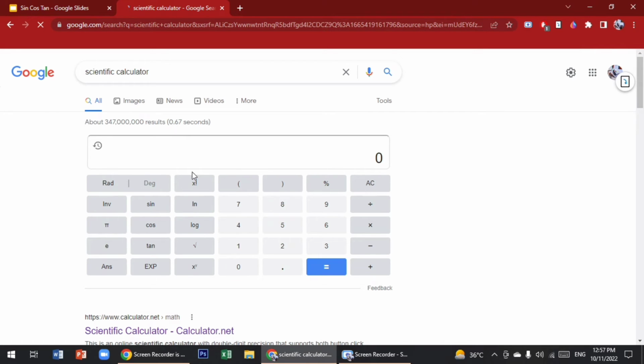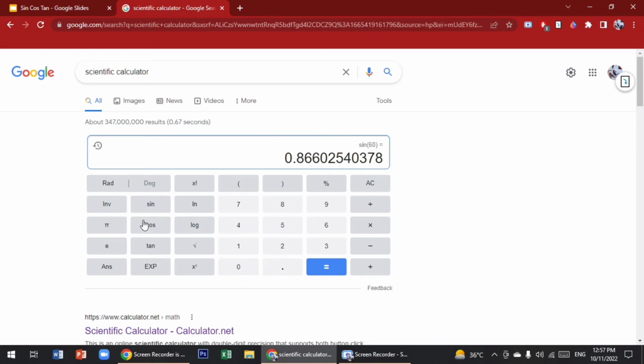One thing that is important is that you need to set your calculator on degrees, either your physical scientific calculator or the one you're using on Google. You have to make sure that it is DEG. For example, if I write sine 60 in degrees, it gives me 0.866.